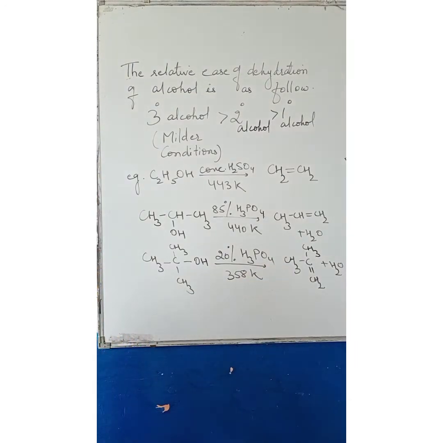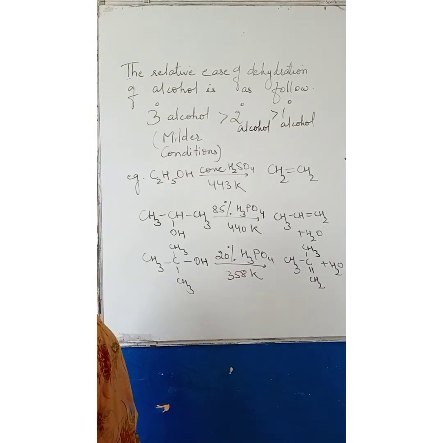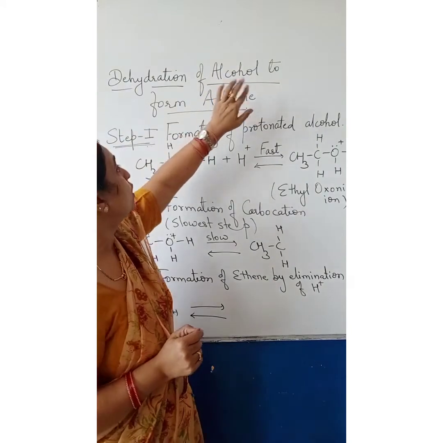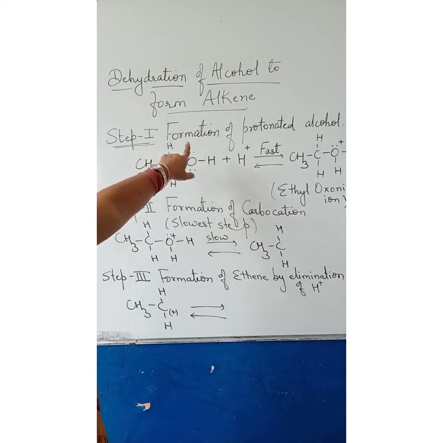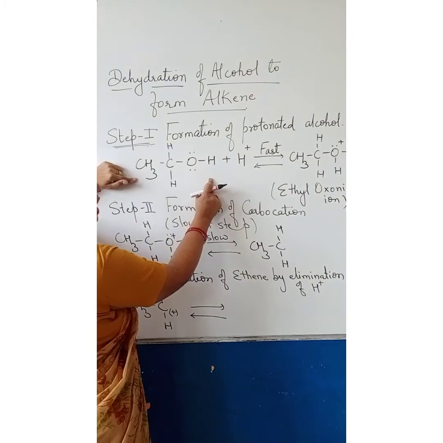Now let us study the mechanism of this dehydration of alcohol to form alkenes. It takes place in 3 steps. In step number 1, there is formation of protonated alcohol. So we are taking an alcohol.